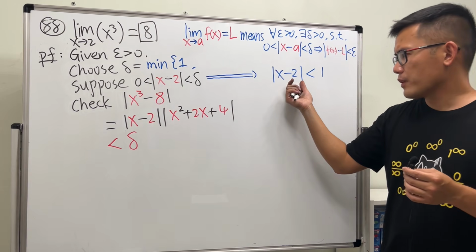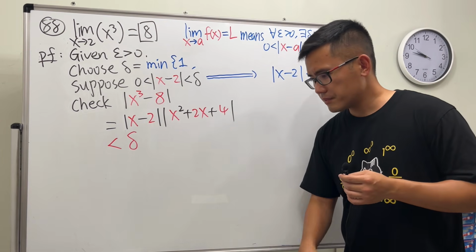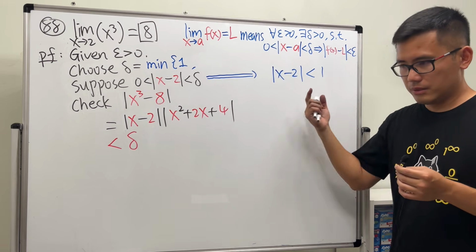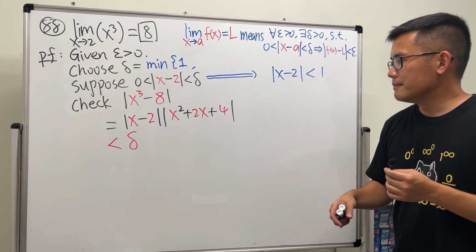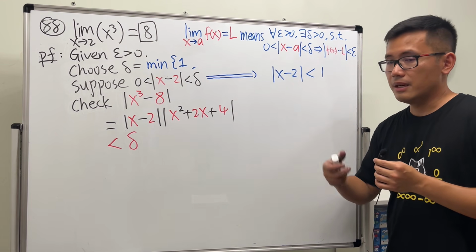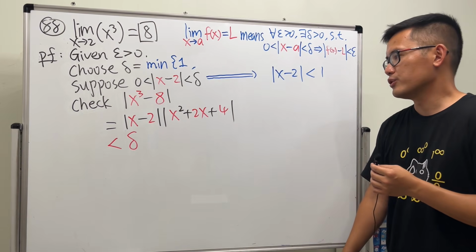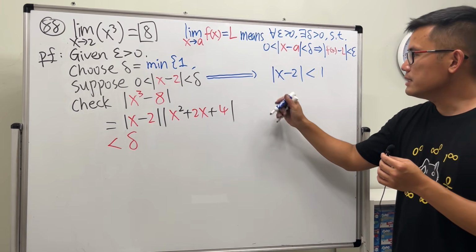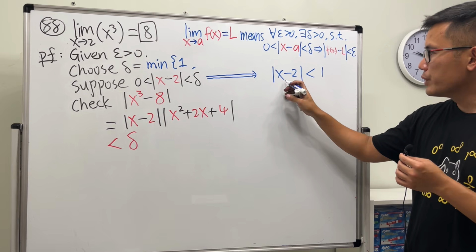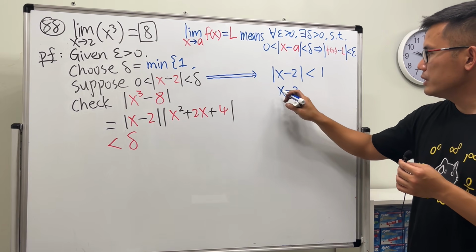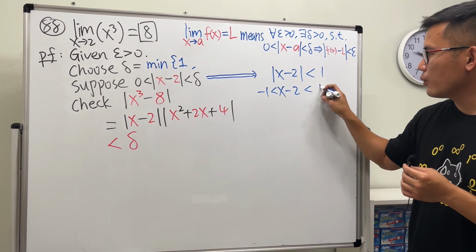For here, we want to get to the x squared part, so it's a little bit tricky, so pay attention right here. But the idea is the same. If you can get a bound for this, then you are in good shape. Anyway, open this. So we get x minus 2 is in between -1 and 1.